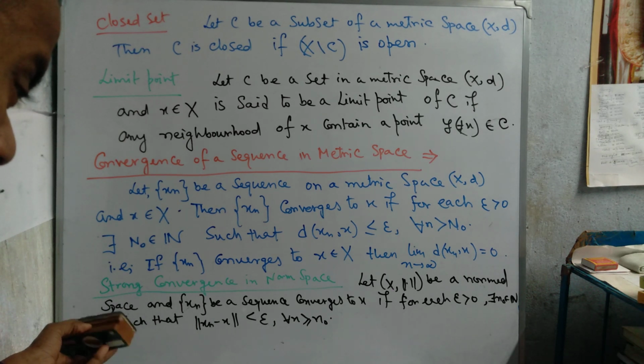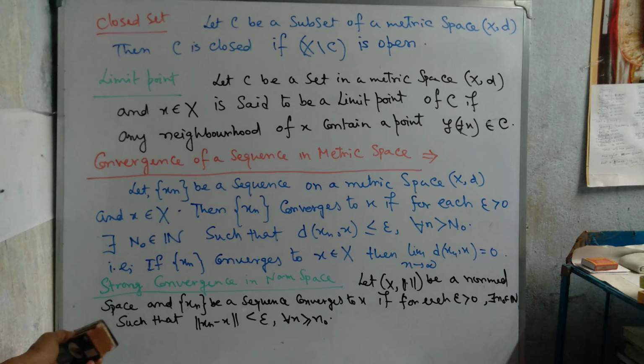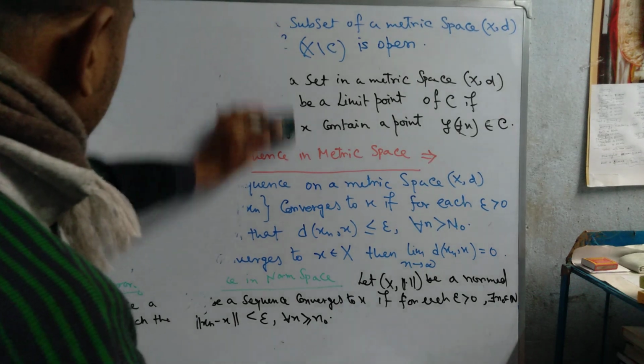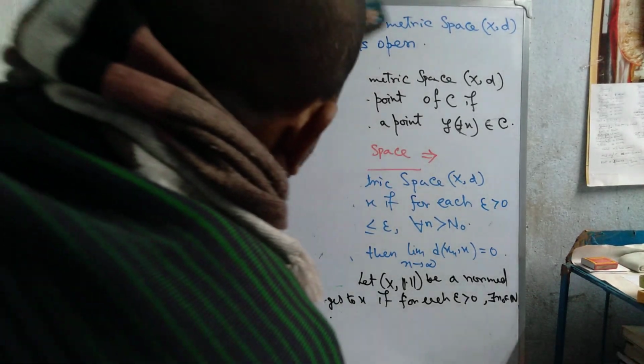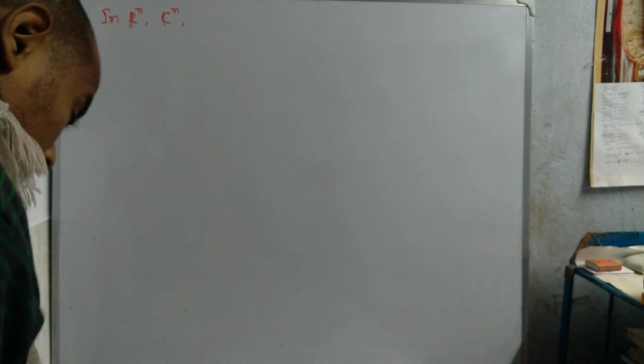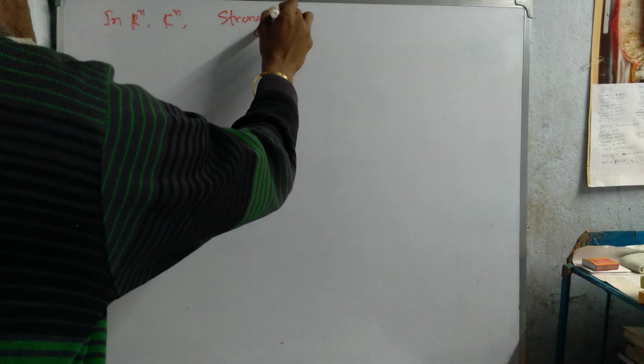We erase that portion now. Next we're going to discuss that in Rn and Cn, strong convergence and weak convergence are the same.